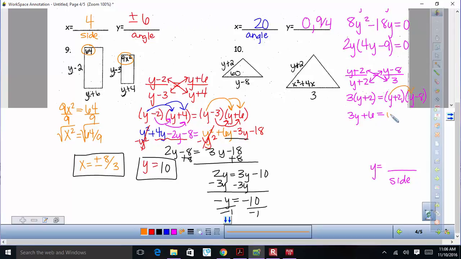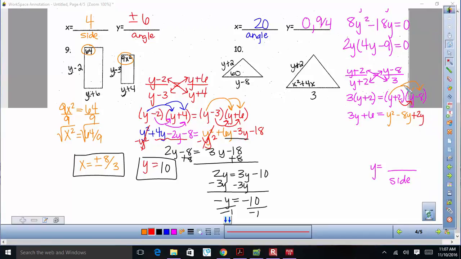So y times y is y squared. Y times negative 8 is negative 8y. Then I'm going to do the same thing with a positive 2, so 2 times y is 2y. And 2 times negative 8 is negative 16.